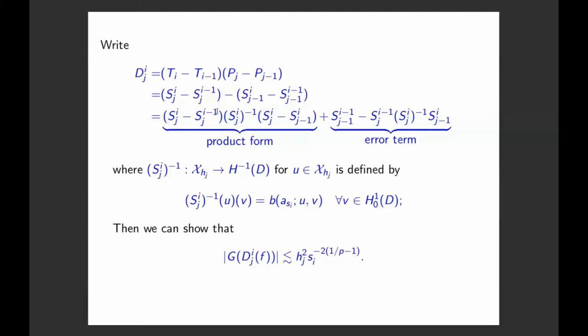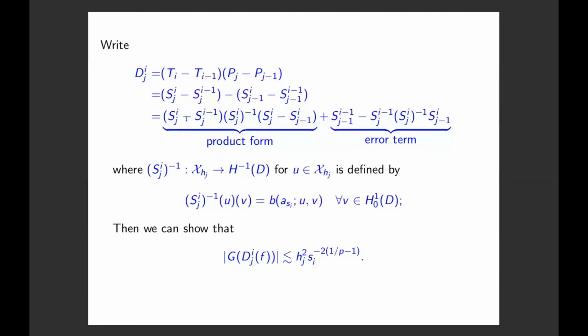Then we have this inverse operator, and then we have another difference of solution operators where we change the truncation dimension, but the finite element mesh width is the same. And it turns out for this expression here, we can indeed obtain a bound of product form. And we have some second term here, this error term here, which turns out we can also obtain an error bound of the correct order.